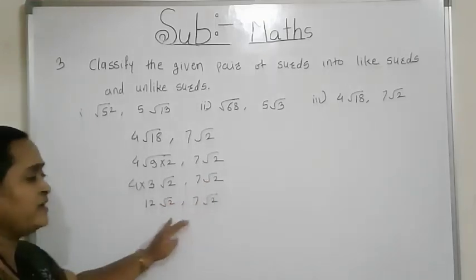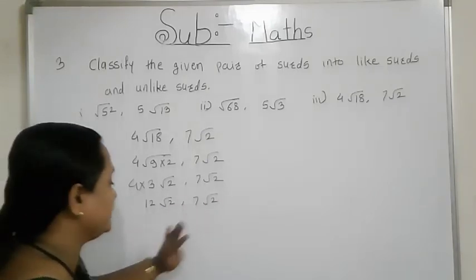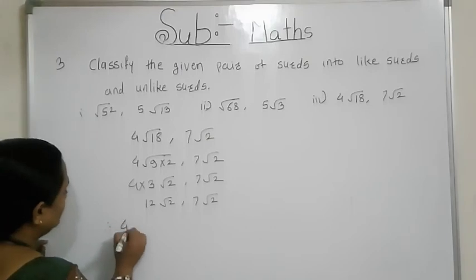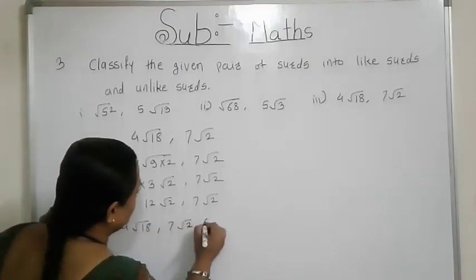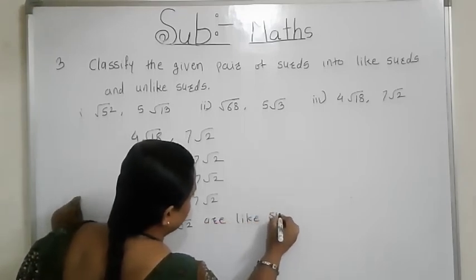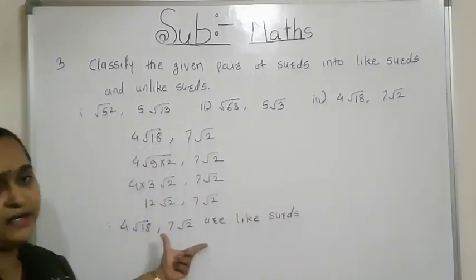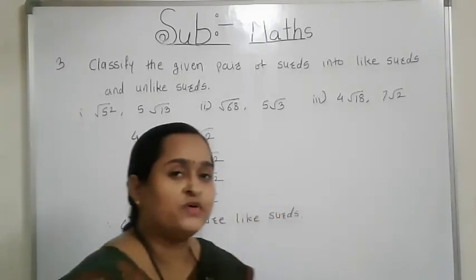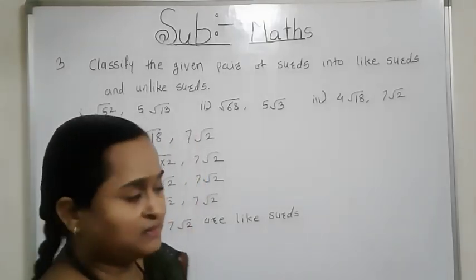Now here order is same, that is 2, and radicand is also same, that is 2. Therefore 4 root 18 and 7 root 2 are like surds. In this way we can identify whether the given pair is like surds or unlike surds.